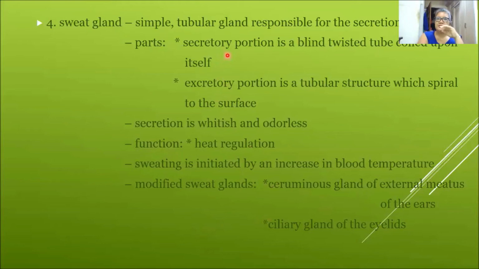The secretory portion is a blind twisted tube coiled upon itself, and this is more seen on the lower portion of the dermis, while the excretory portion of the sweat gland is seen more on the upper portion of the dermis because this is for the drainage of sweat.